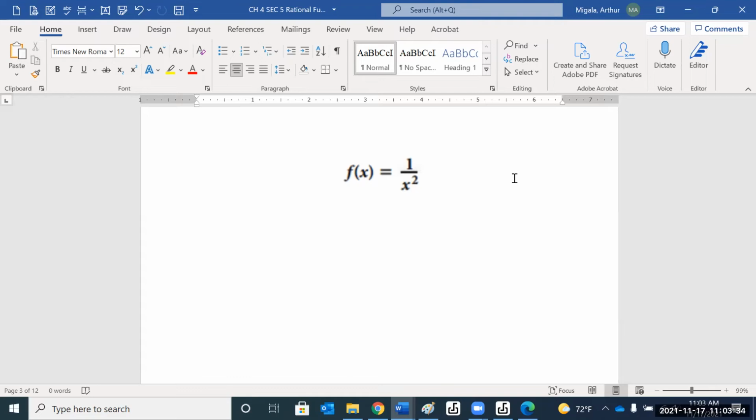Since there are more x's on the bottom, it's 0. The horizontal asymptote is still y equals 0, which is the x-axis. This graph looks like this. It can't cross the x equals 0 vertical line, and it can't cross the y equals 0 horizontal asymptote. It never crosses it.